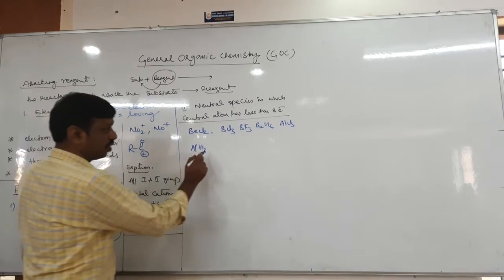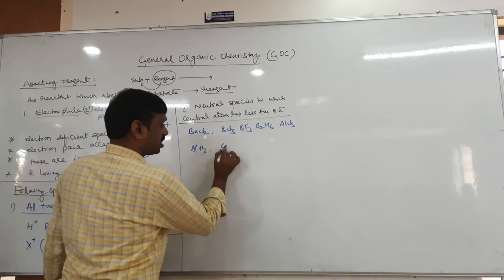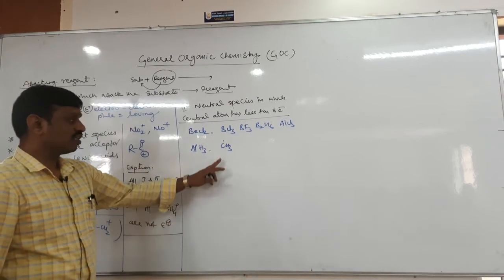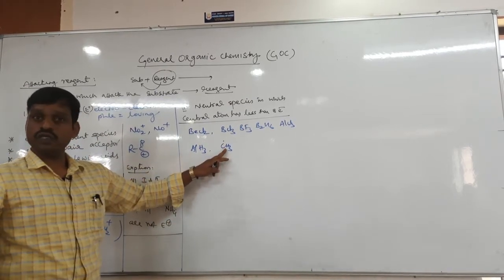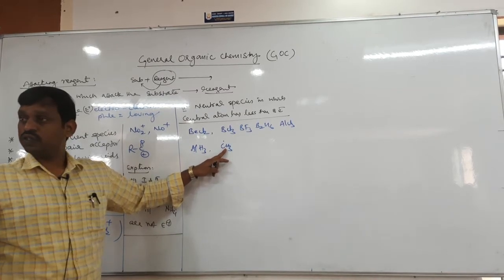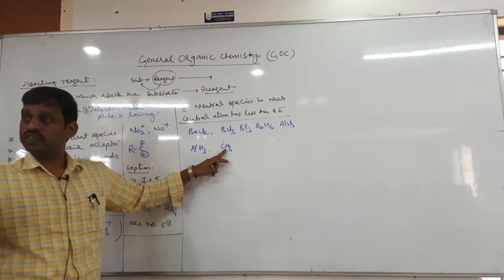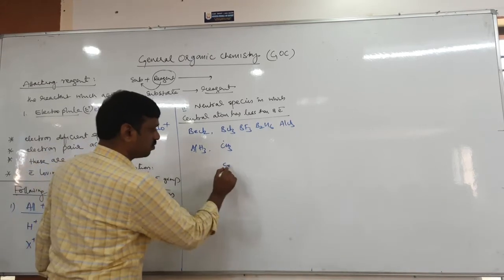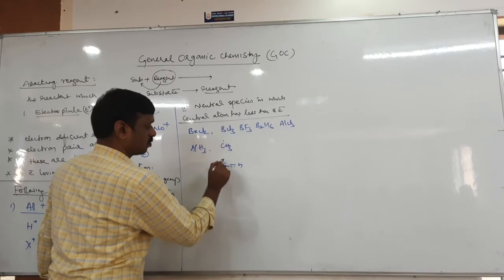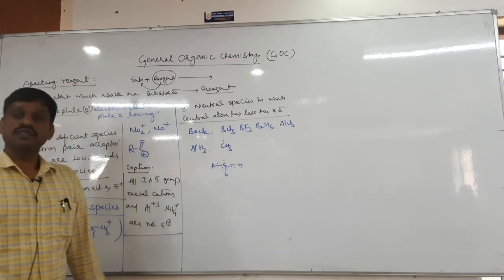Next, even free radicals, for example, methyl radical. How many electrons does it have? Here 3 hydrogens, 6 electrons, no. One covalent bond is 2 electrons. Tell me, how many electrons? 7 electrons.